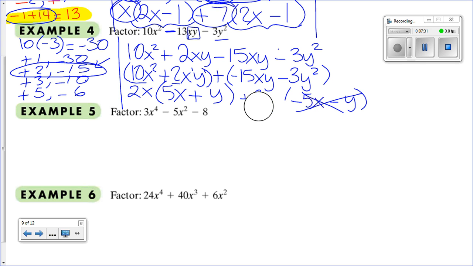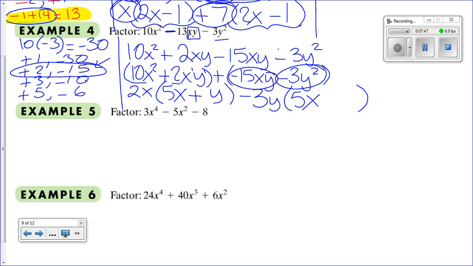So we do what Devin told us and use negative 3y. So if we factor negative 3y from here, we will get positive 5x. And if we factor negative 3y from here, remember, if you're not sure, write it down. So that will be just positive y.